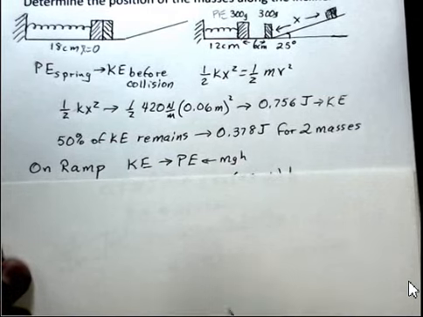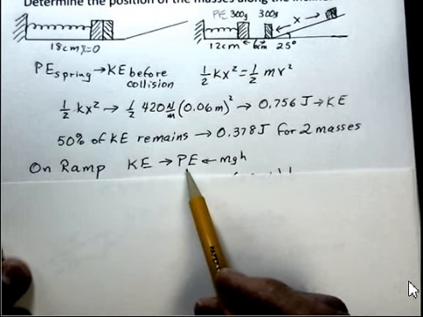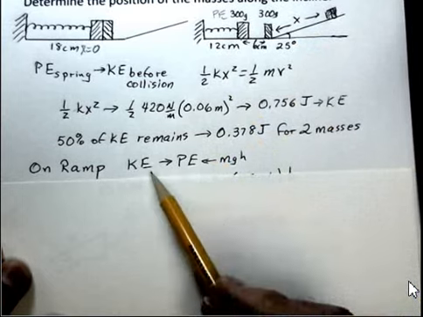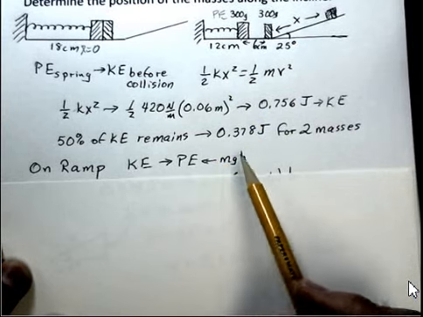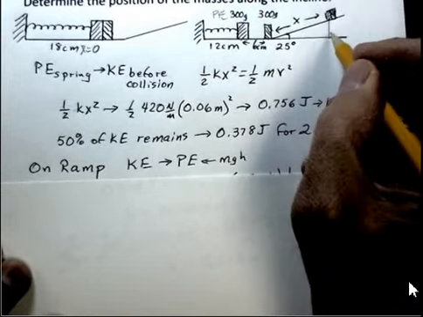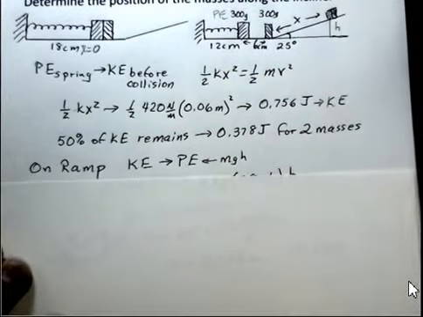On the ramp, the kinetic energy of the objects is now converted into potential energy. When we're at our largest distance up the ramp, the object will be stopped, and we have no kinetic energy at that point. It's just potential energy, and that will be calculated using mgh, where h is our vertical height that we've gone up from this horizontal surface.